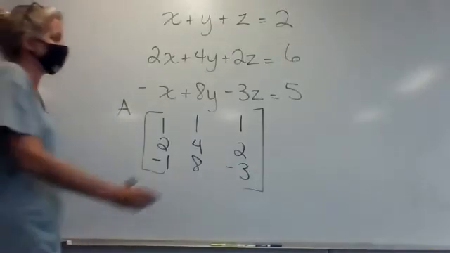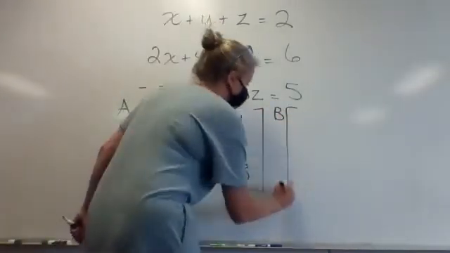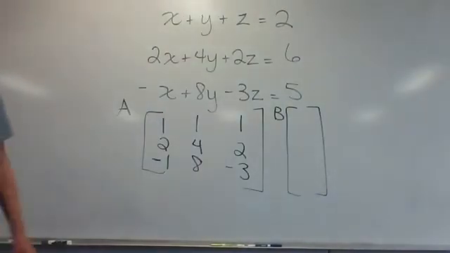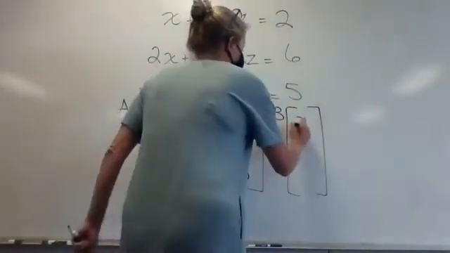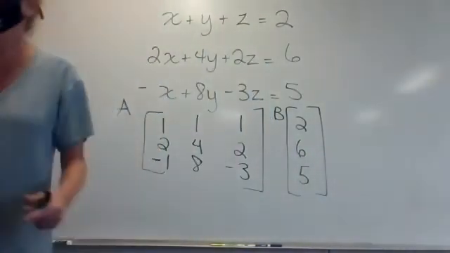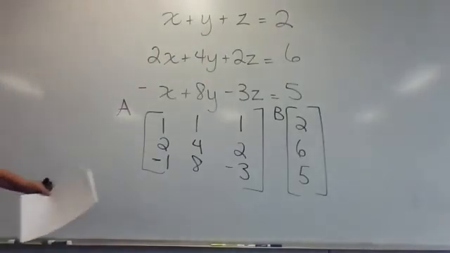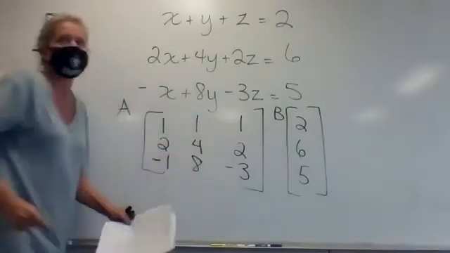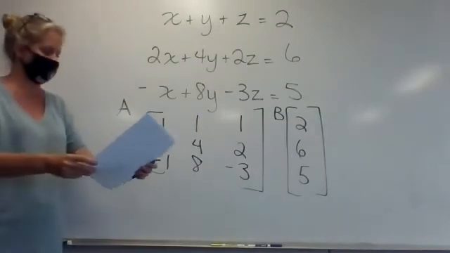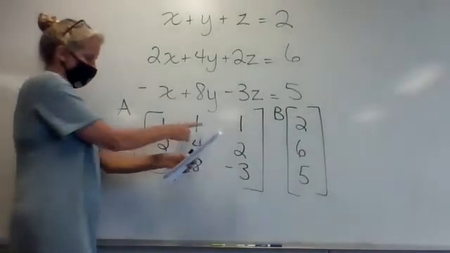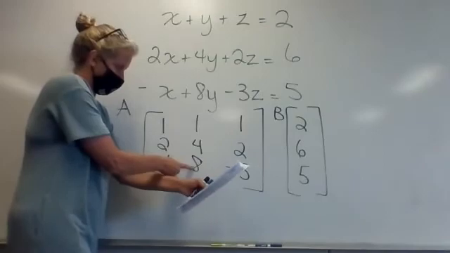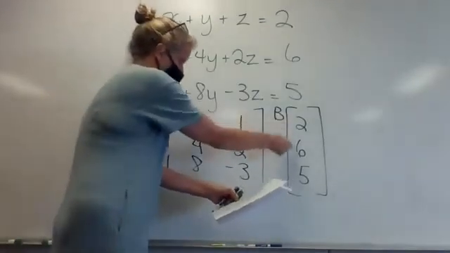So there's matrix A. Remember, matrix B is just the other side of the equals, so it's just going to be 2, 6, 5. Before I start typing in my calculator, I'm just going to make sure I didn't transpose something or get a sign wrong, so I'm going to match it up to my equations. 1, 1, 1, 2, 4, 2, negative 1, 8, negative 3, 2, 6, 5.